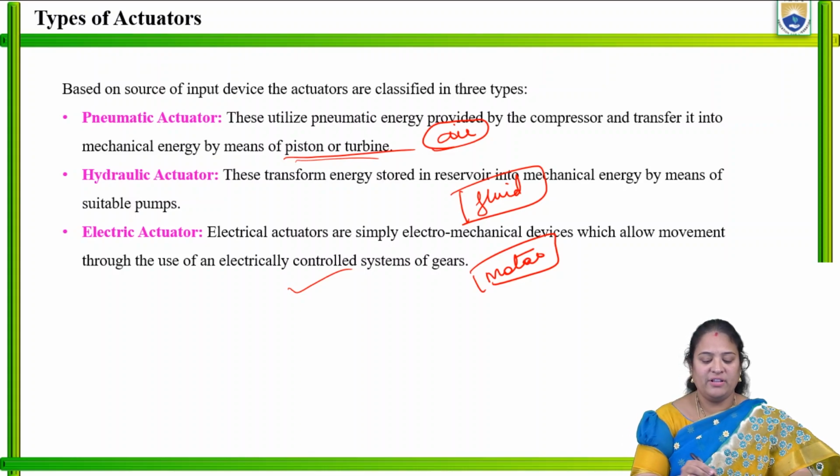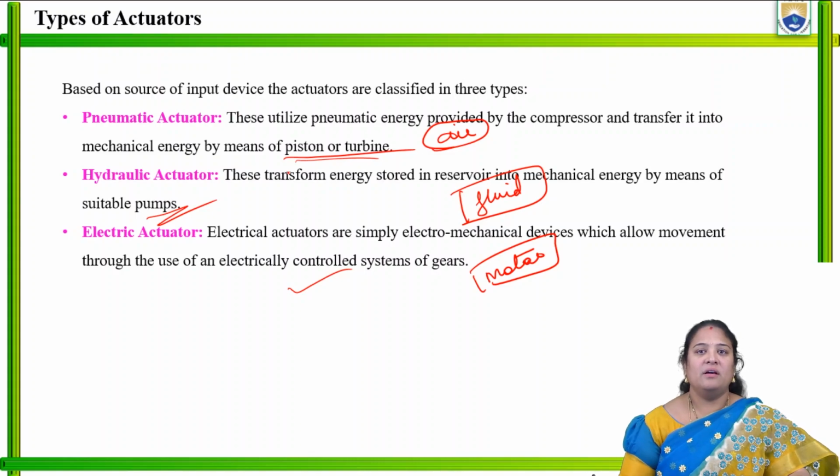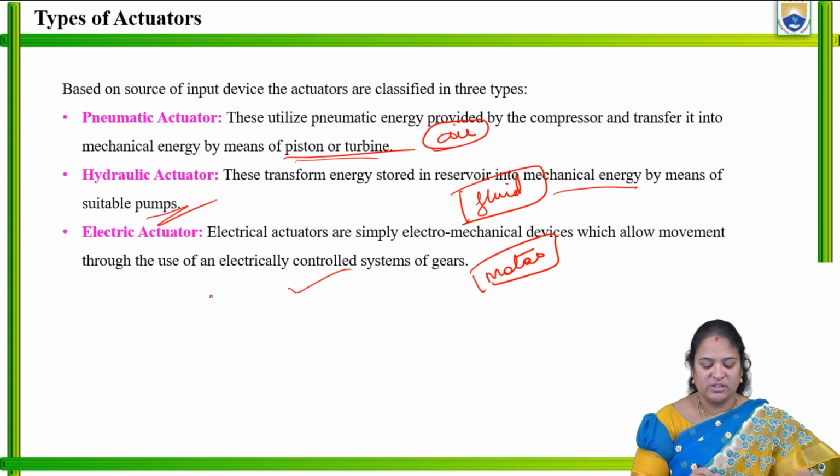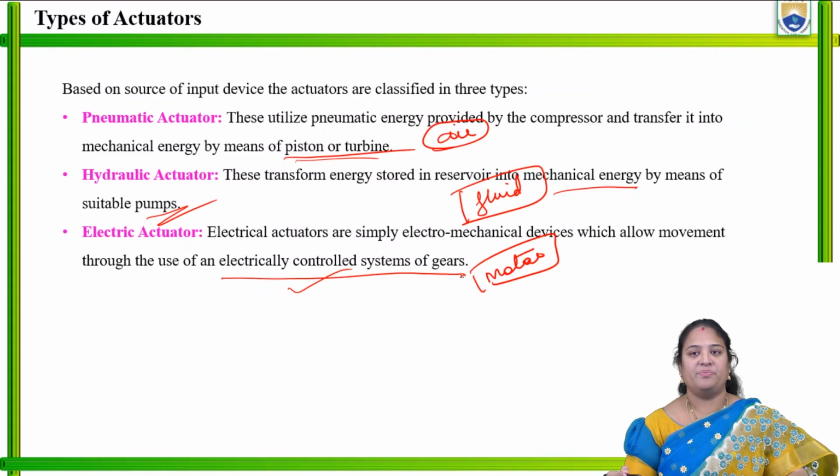Again here, with the help of the pumps, right? Here in the pneumatic actuator, what is happening? The piston is being compressed, whereas in the hydraulic, with the help of the pumps, the energy is being converted into mechanical energy, right? Whereas in the electrical actuator, what is happening? We are using electromechanical devices which are electrically controlled with the help of the gears, right?